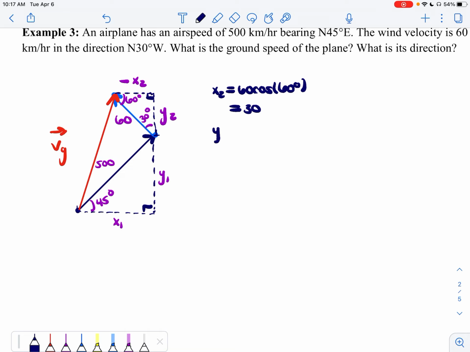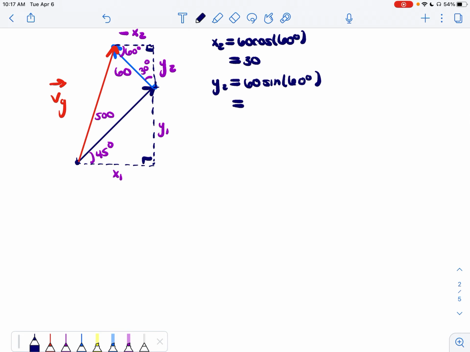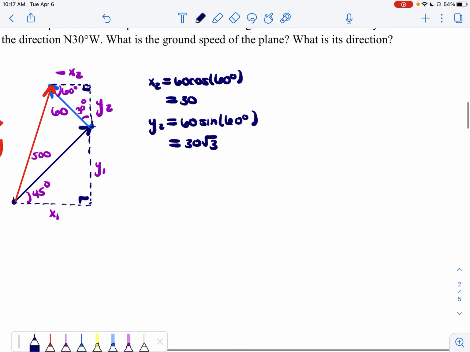Okay, and then y2, that is the opposite side of the 60, so that would be using sine. So we would have 60 sine of 60 degrees. Sine of 60 degrees is root 3 over 2. So multiplying that by 60, we would have 30 root 3.